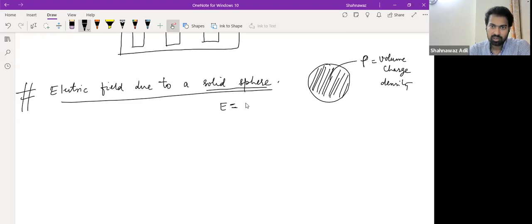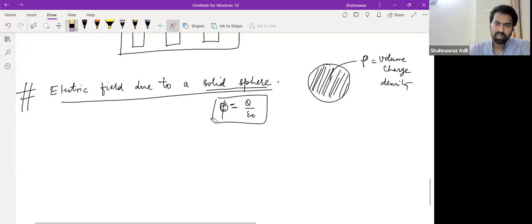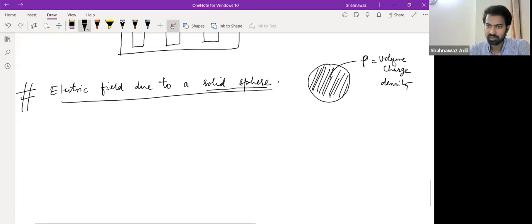Q by epsilon 0. No, so this is 5. Yeah, this is 5. Okay, so for the solid sphere, we'll have volume charge density. This volume charge density would be how much? This would be Q by V. Right? Understood, guys?